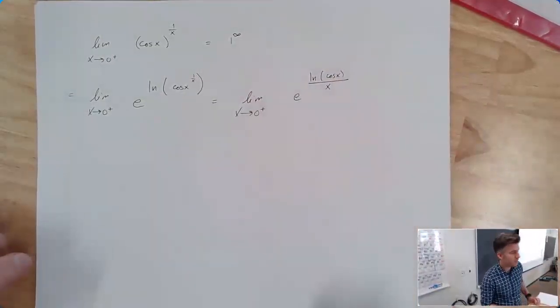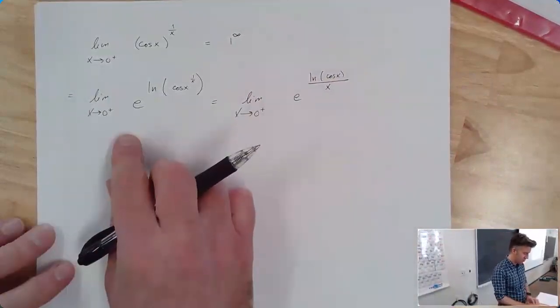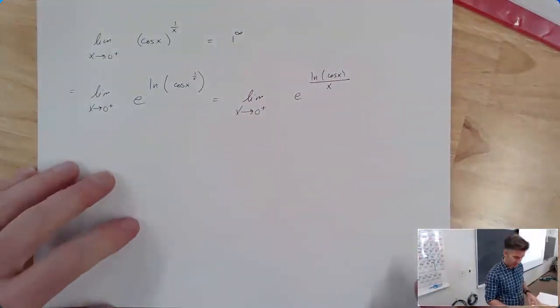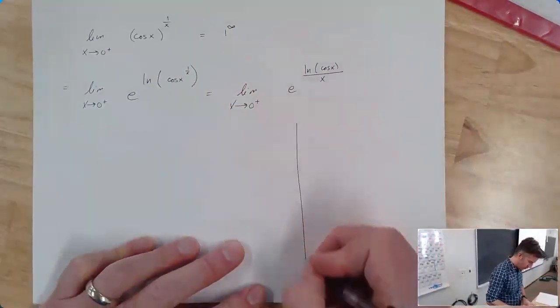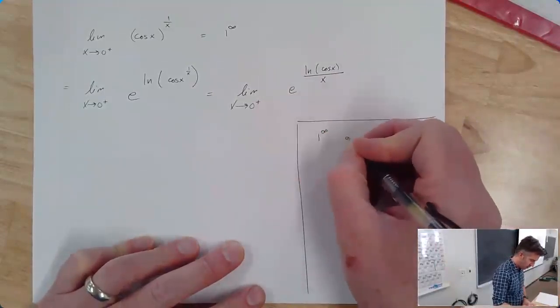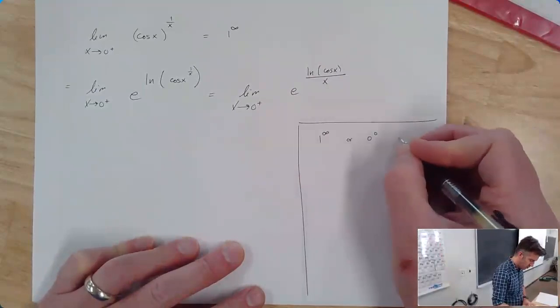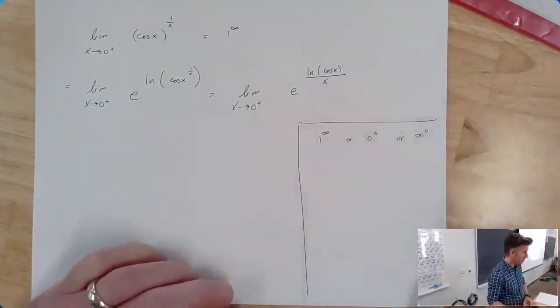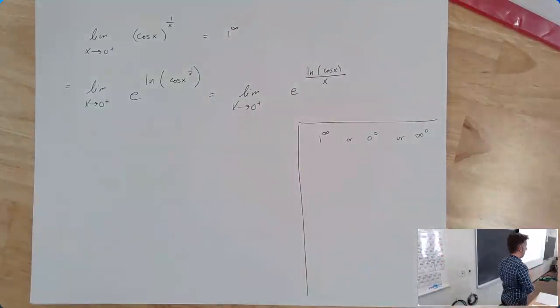So here's the thing. If you've got the right kind of indeterminate form, it's always going to work out that you can use L'Hopital's rule. And here's kind of why. I think this is worth seeing. Whether you have a 1 to the infinity, or a 0 to the 0, or infinity to the 0, when you take the natural log and bring down the power, you always get something you can use L'Hopital's rule for.